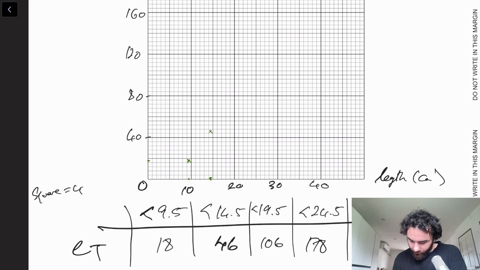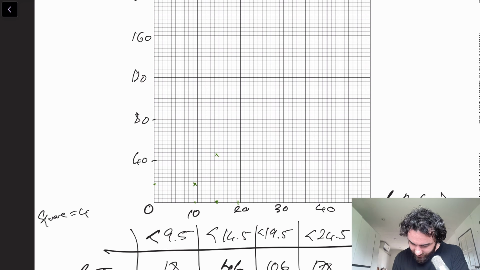Okay, 19.5 is here. And then 106 divided by 4. I divide by 4 because I want to know how many squares. So 106 divided by 4 is 26.5. So I go up 10 squares, 20 squares, 26.5 is here.